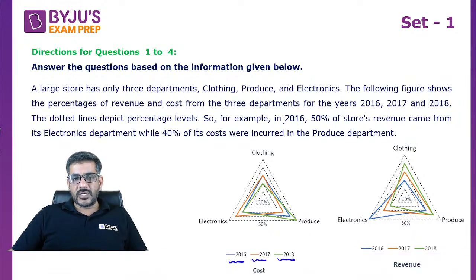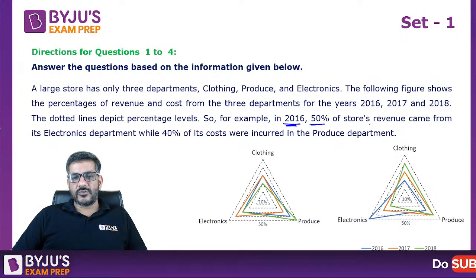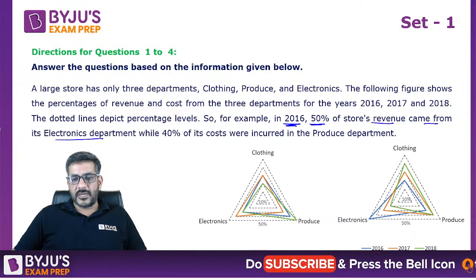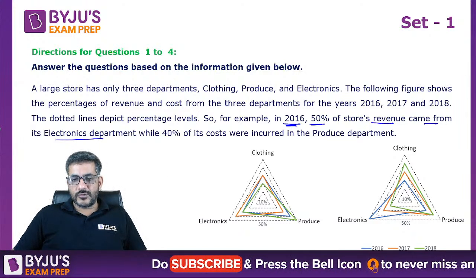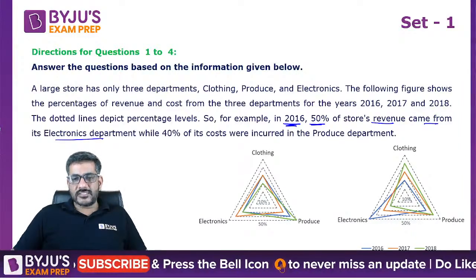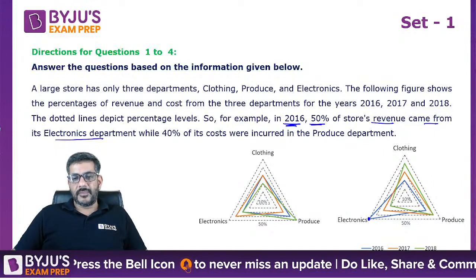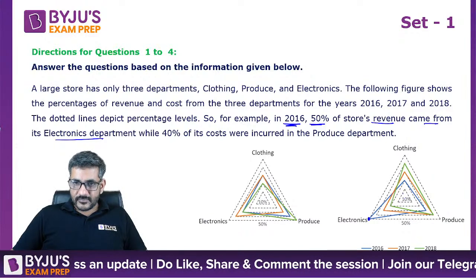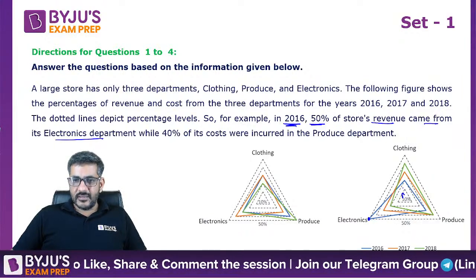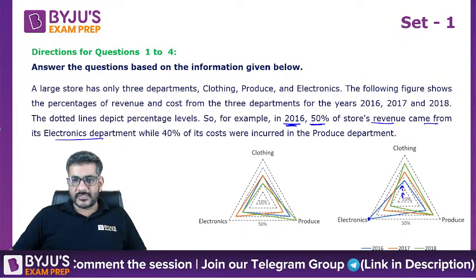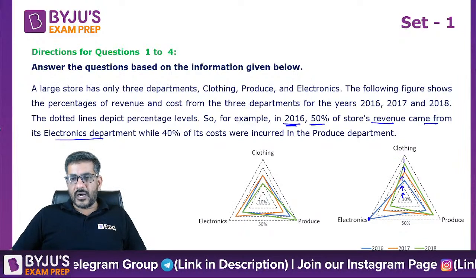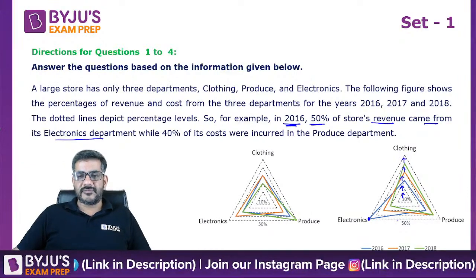So he says in 2016, 50% of the store's revenue came from the electronics department. If you look at the revenue of 2016, for the electronics department it is this figure. The innermost triangle is representing 10%. Then we have the second triangle for 20%, third triangle for 30%, fourth triangle for 40%, and the outermost triangle is representing 50%.